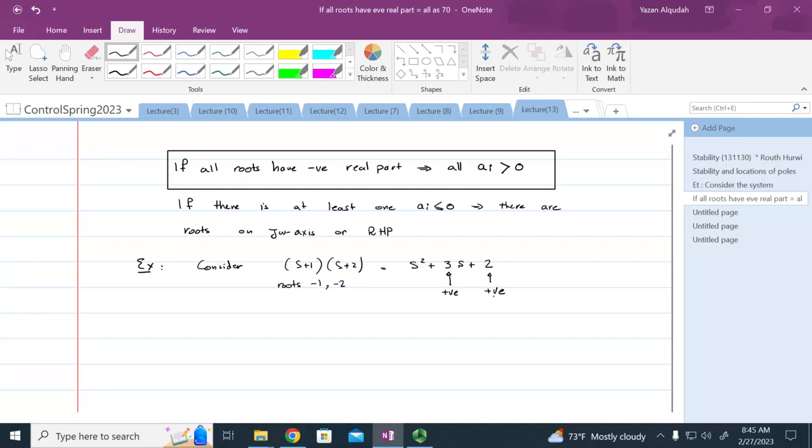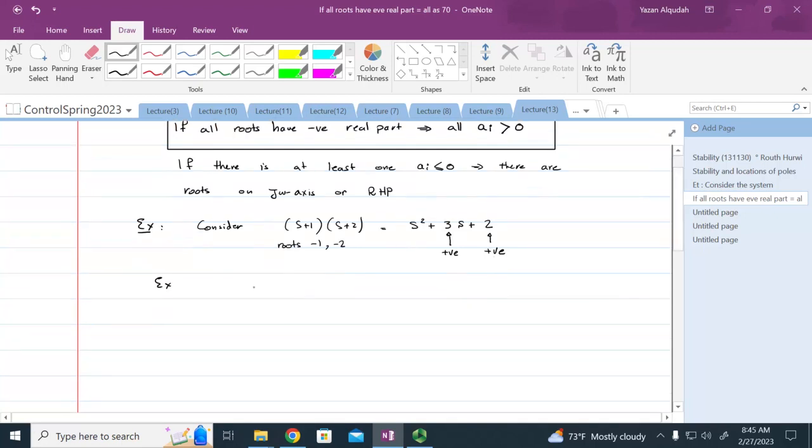Okay, another example. We have two poles, p1 equal to -1 plus j, and p2 equal to -1 minus j.